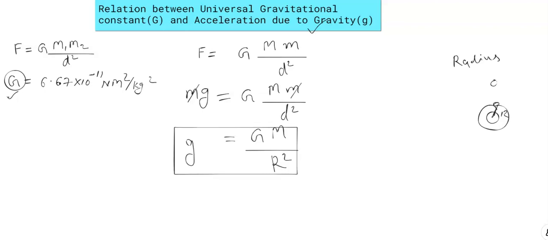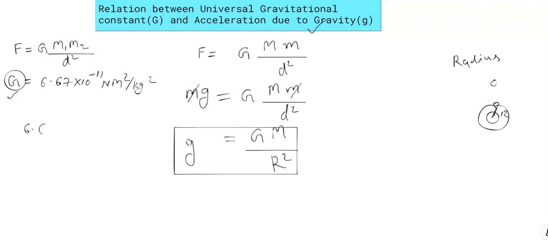Now what will be the value for small g on the surface? So we have to put these values. Capital G is 6.67 multiplied by 10 to the power minus 11, earth mass and radius. So you have to learn the value for the mass of the earth and the radius of the earth.